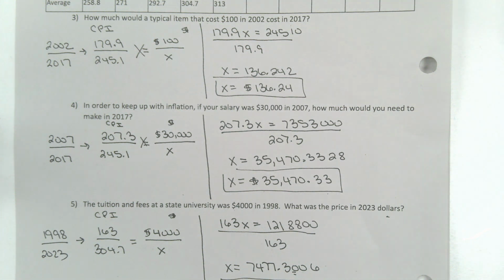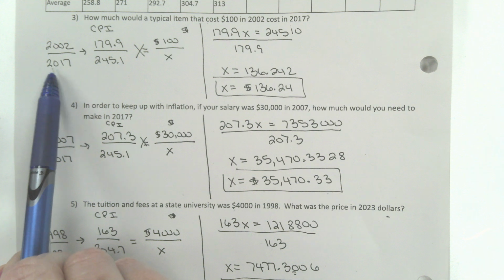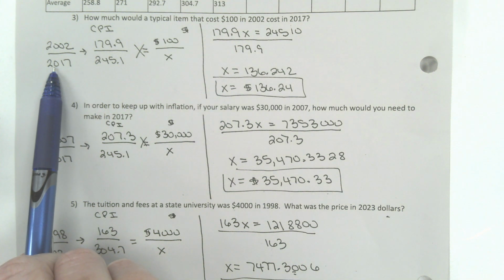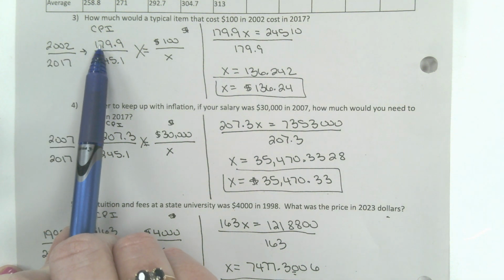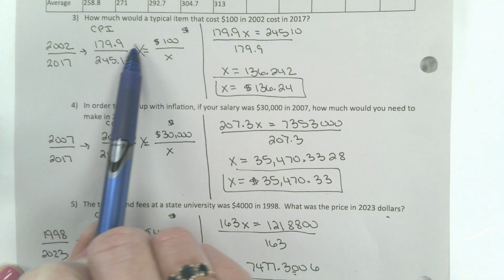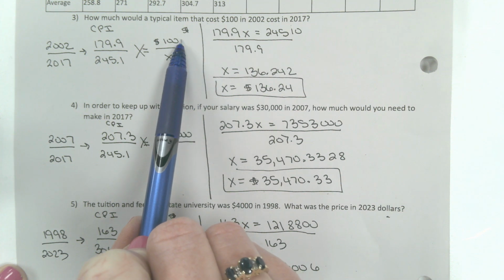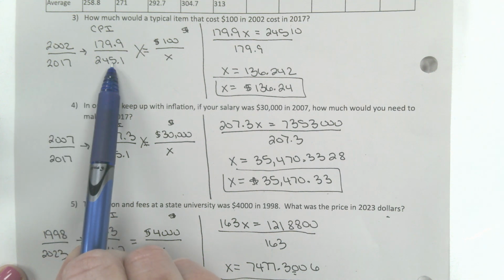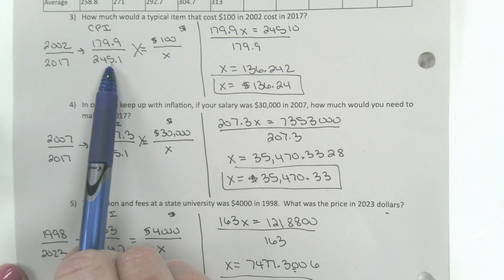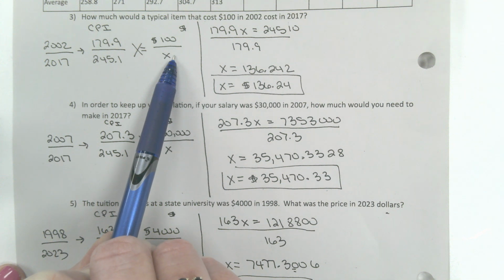All right, so 3, 4, and most of 5 are currently visible. If you had an item in 2002, and we're comparing it to 2017, in 2002 I have my CPI of 179.9, and I'm talking about $100. In 2017, I have my CPI of 245.1, and I'm curious what that amount is.